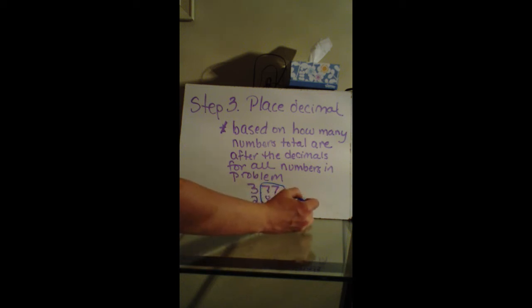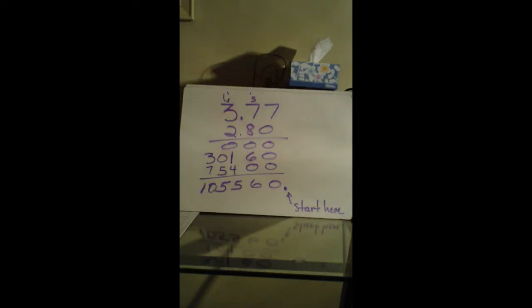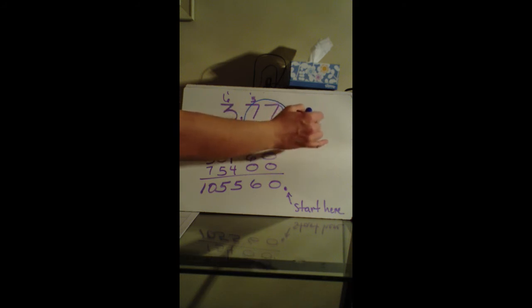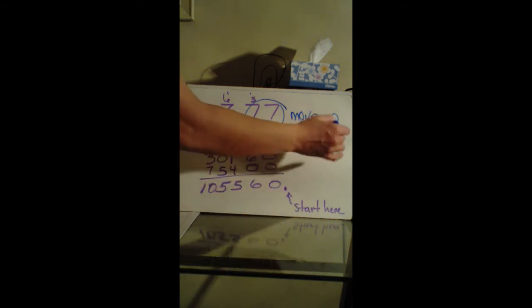So there's 4 numbers after the decimal, and that 4 means that's how many times we need to move our decimal. Again, we want to start at the far right. So we start here, and there's 4 numbers, so we move the decimal 4 places.